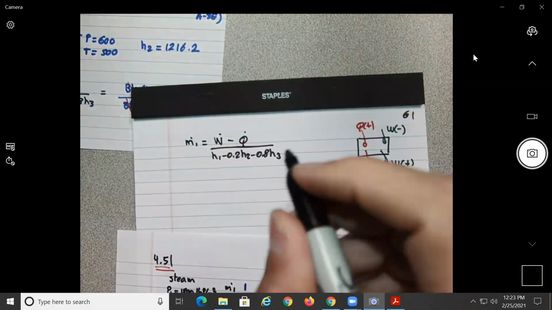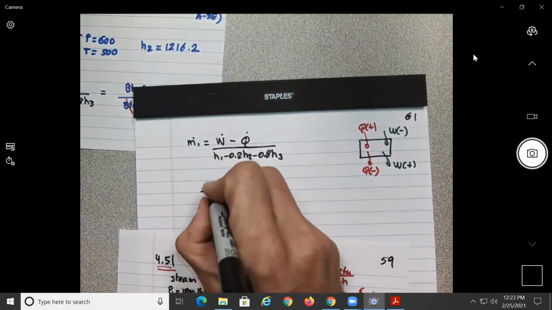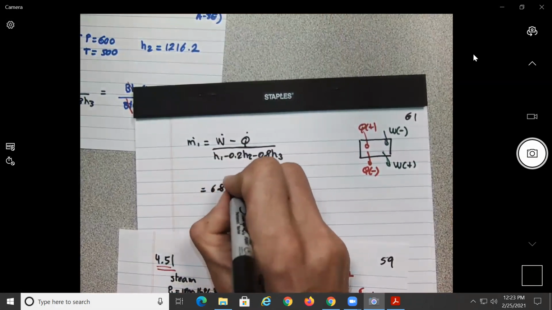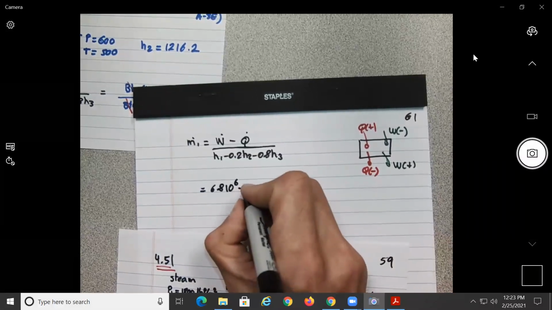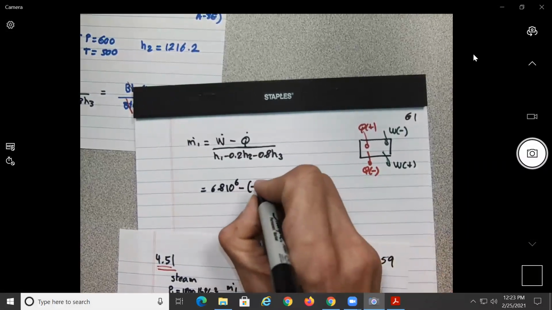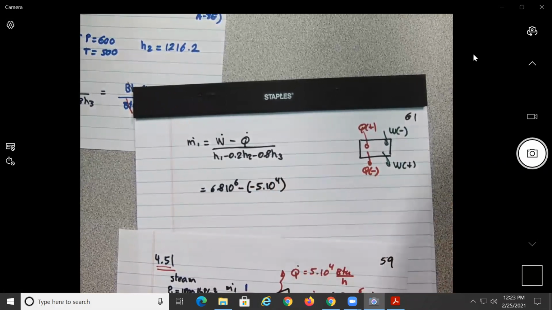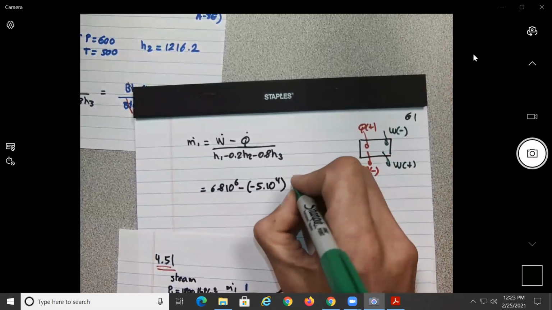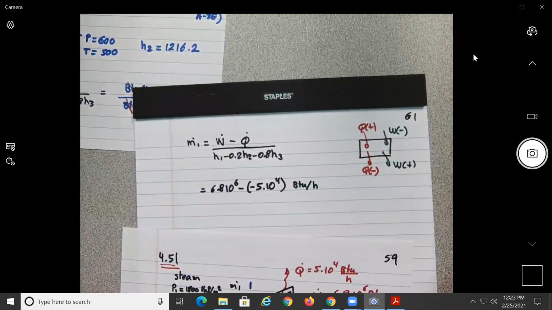The work is coming out, so that one remains positive, 6.8 times 10 to the 6, but then we're going to have minus 5 times 10 to the 4, and all the top would be in units of BTUs per hour.